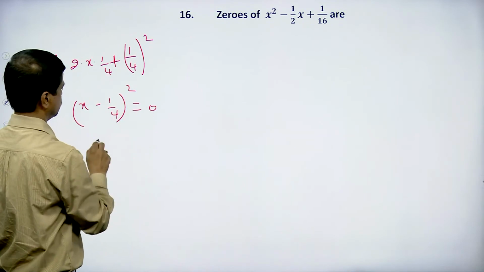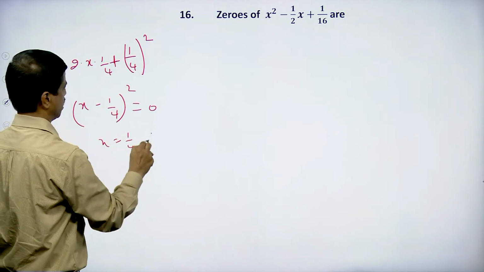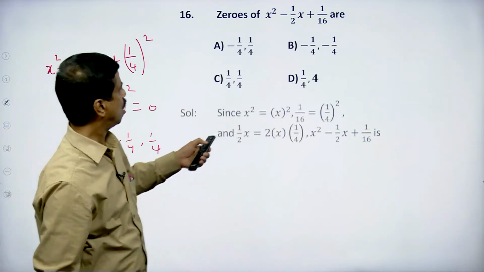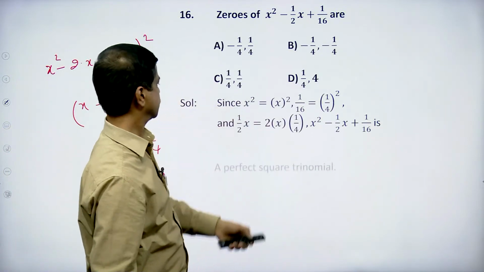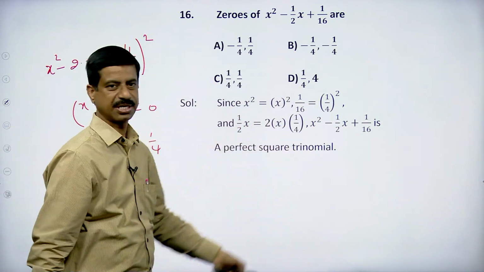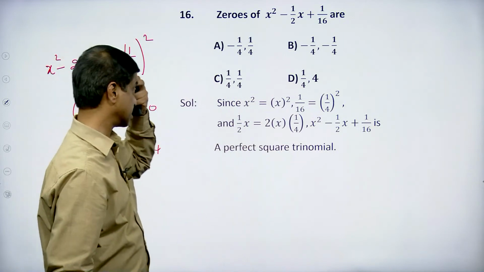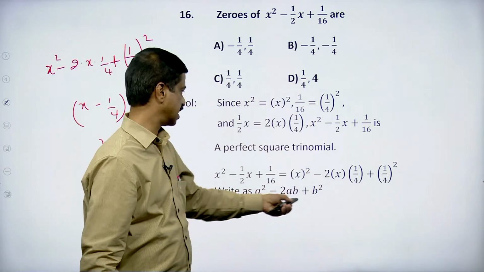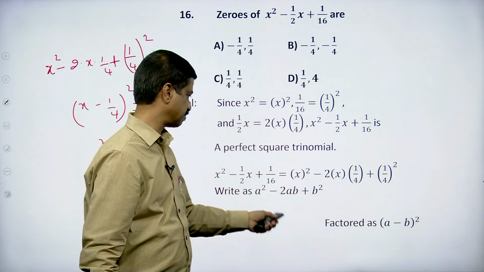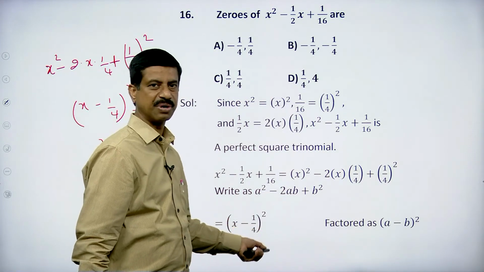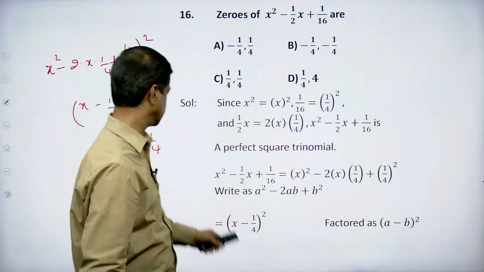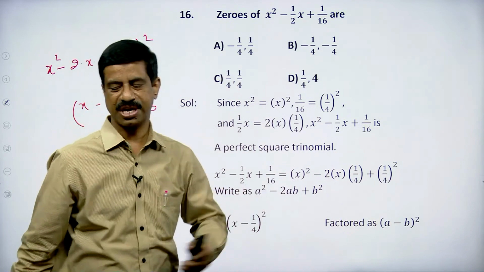If it is equated to 0, you will get x equal to 1 by 4 comma 1 by 4. So, option C satisfies. This is a perfect square, it can be converted into a perfect square. So, you will get x minus 1 by 4 whole square, where x minus 1 by 4 is 0 means x is 1 by 4. That is what we have done here. Please note it fast, quick.